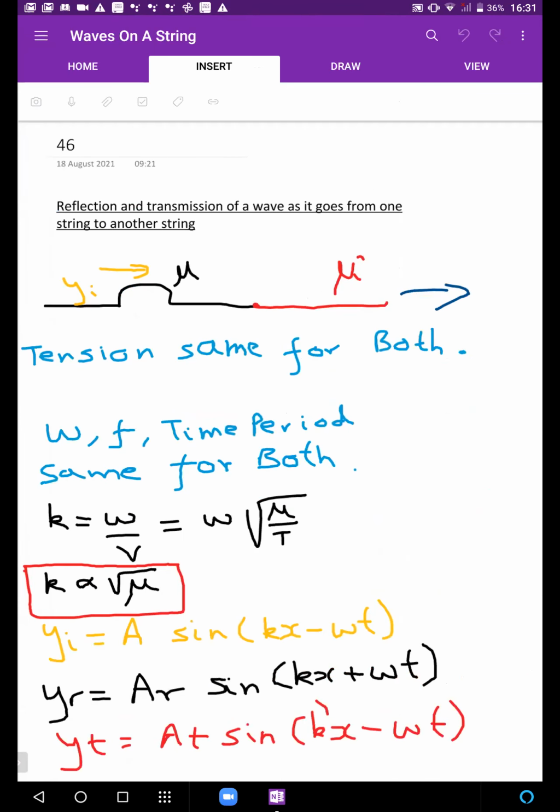फिर reflection and transmission of a wave as it goes from one string to another string.